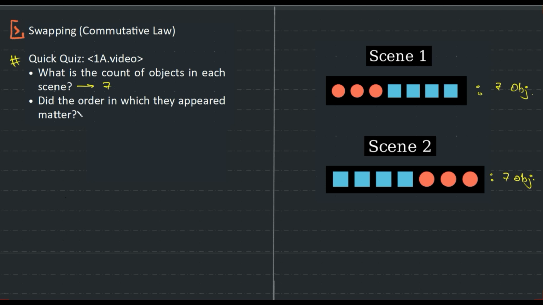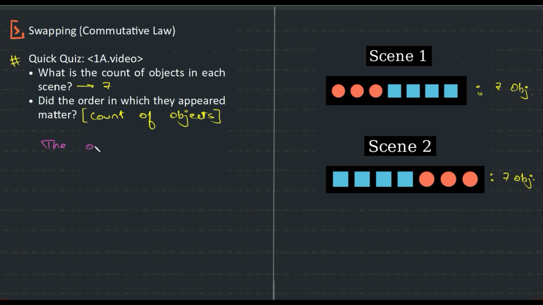Now an important question: did the order in which they appear matter when it comes to the count of objects? Did it matter? The answer is no. Just because the order changed, the number of objects did not change.